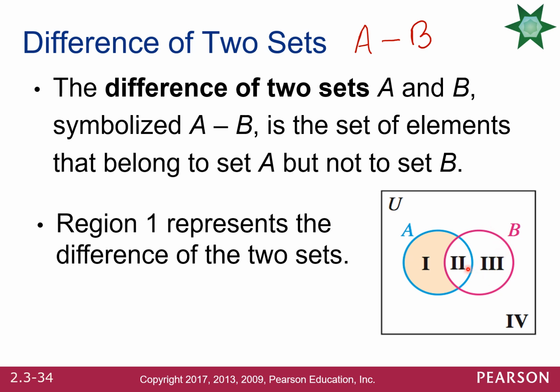So even the common ones are subtracted here. Region 1 is the solution, so all elements in region 1 represent the difference of the two sets. Essentially you are eliminating all elements in region 2 as well as region 3.